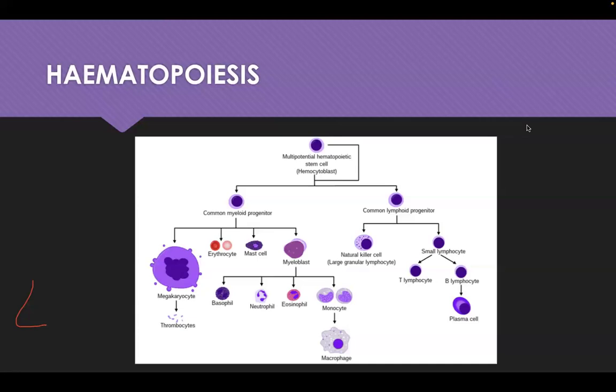So for the lymphoid progenitor, we can see on this diagram that we have NK cells, and then we have the area where it goes into T cells and B cells. Whereas if we're looking at the myeloid progenitor line, we can have erythrocytes, mast cells, myeloblasts, and so on.